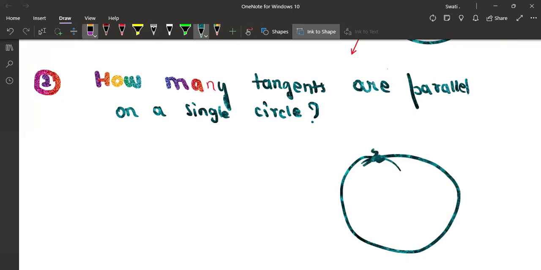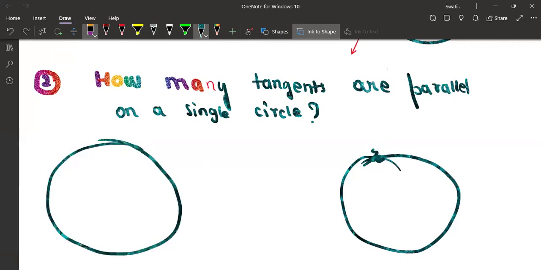One second. Okay, I hope it will get converted. It is not getting converted. Okay. First of all, Manya, can you tell me what is the meaning of a parallel line that you understand? Parallel lines are lines which will never ever meet, even if you extend them infinitely, right?